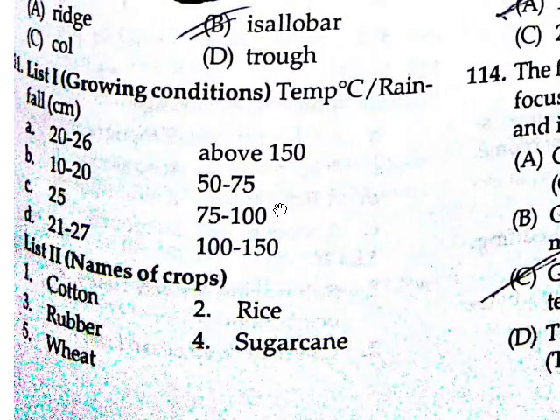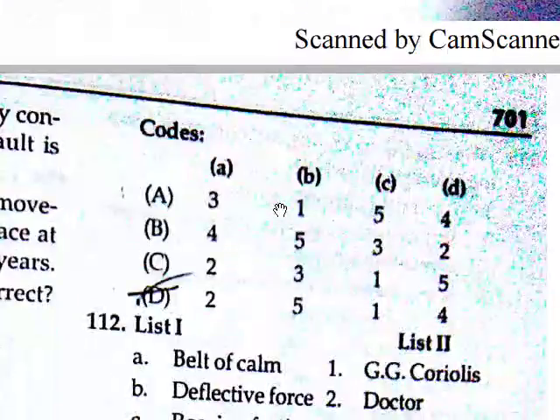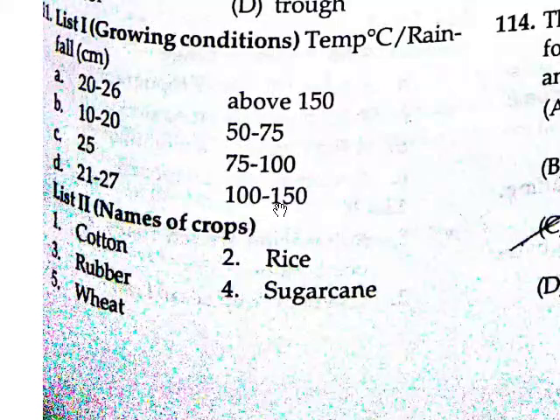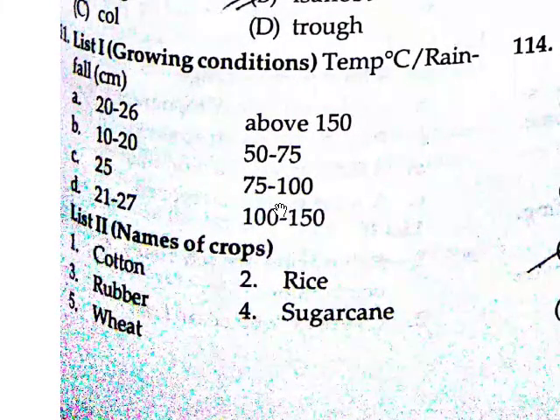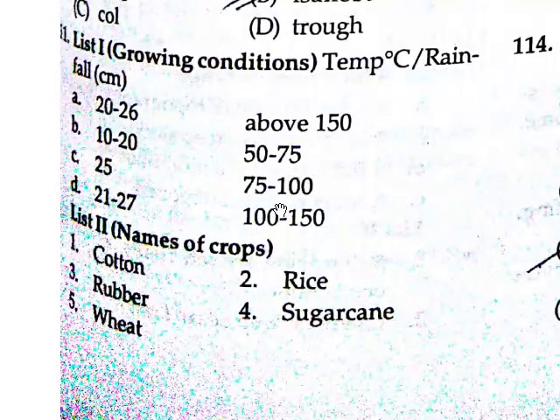Match list 1 and list 2 and select the correct answer. So here we can see in the first option: 20 to 25 degrees and above 150 centimeter rainfall is mainly related to rice.